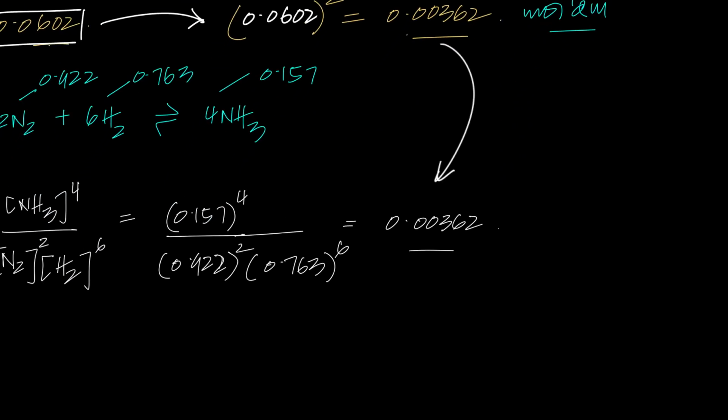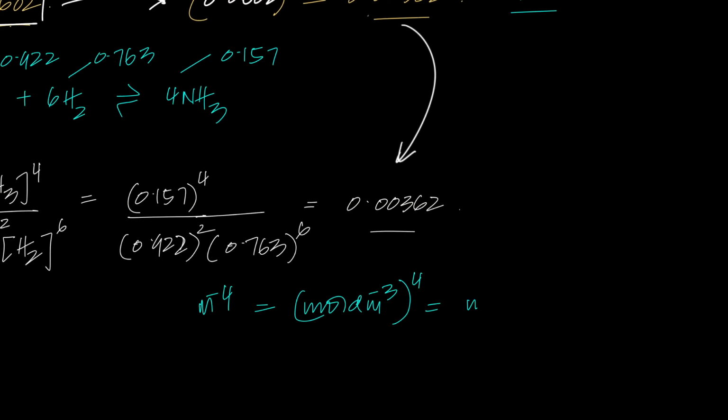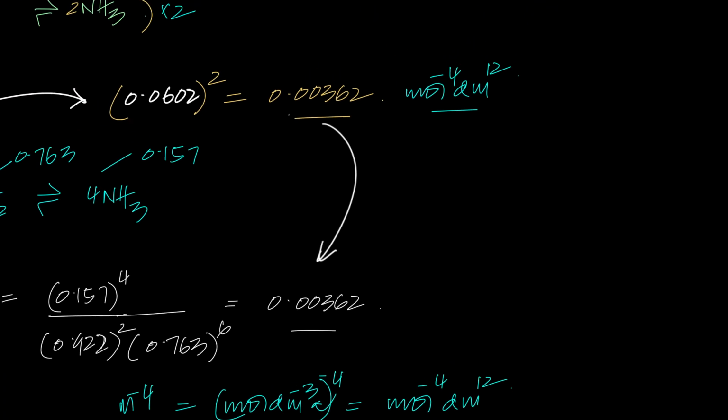You can check them out. You had 4 and 8 here, so it's M minus 4. And M minus 4 is mole per dm cube raised to the power 4, which gives mole to the power minus 4 dm to the power of minus 4 times minus 3, that's 12, right?